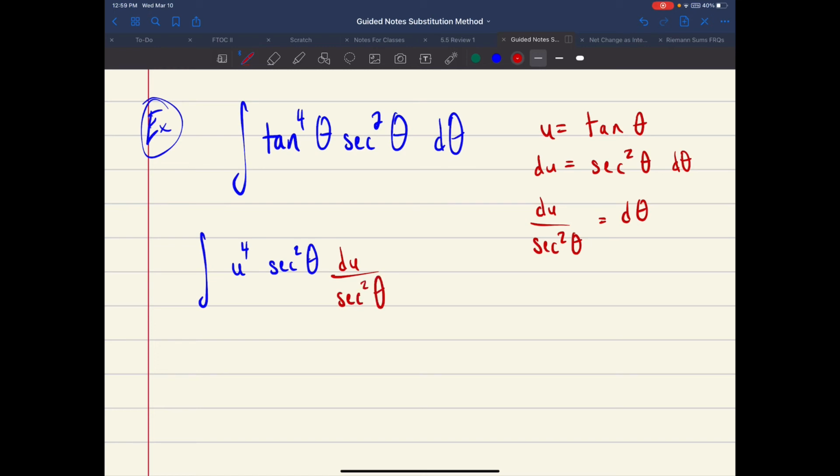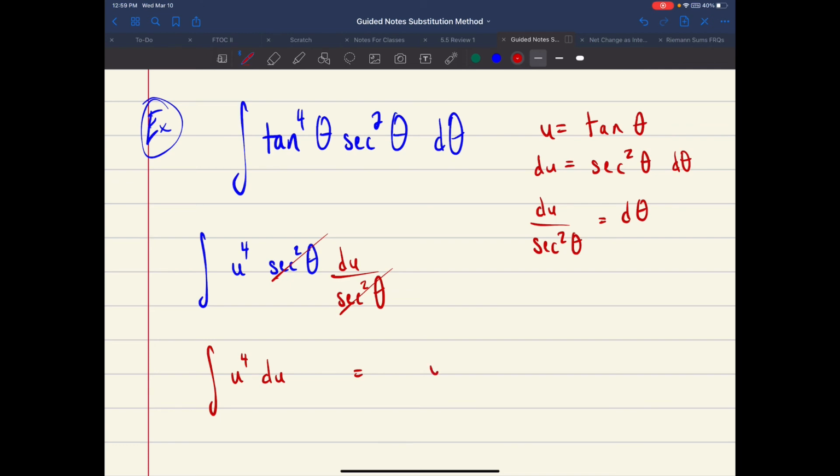Just be aware, if you have mixed variables, so right now I have u's and thetas, they should all clear out to just have u. And if it doesn't clear out to just have u in your integral, then you most likely chose the wrong substitution. So these cancel, and now I'm left with the integral of u to the 4th du. So u substitution takes these integrals that are more complicated and simplifies them.